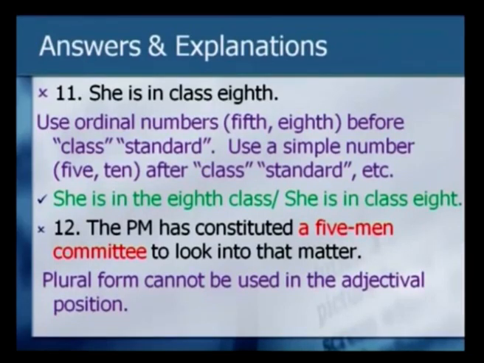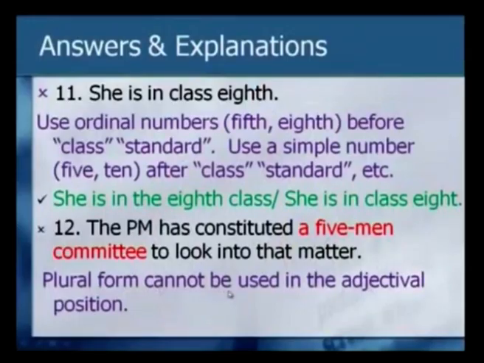Look at the next one. The PM has constituted a 5-man committee to look into that matter. The error is committed with regard to this usage of 5 men, which is in an adjectival position and it is defining the noun committee. This is again a very frequently committed error, so look at it carefully. What is the error here?